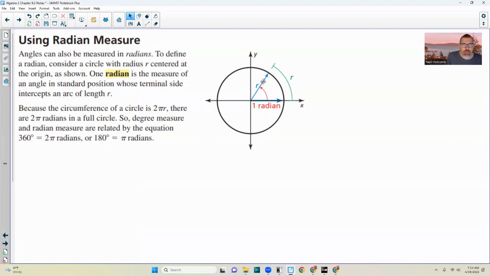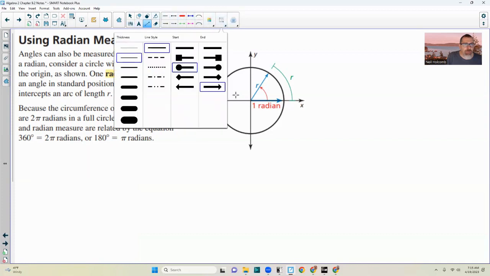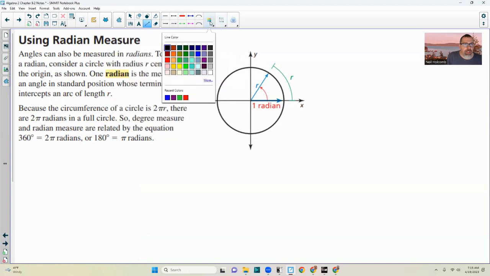So if I took this radius, okay, so let me do this. If I took and created a segment array, and let's make it red. All right, so here I am at the origin.